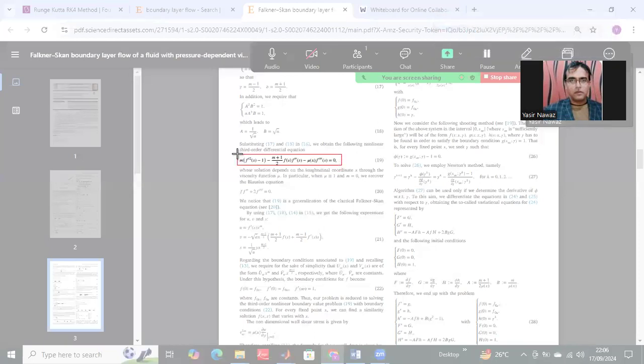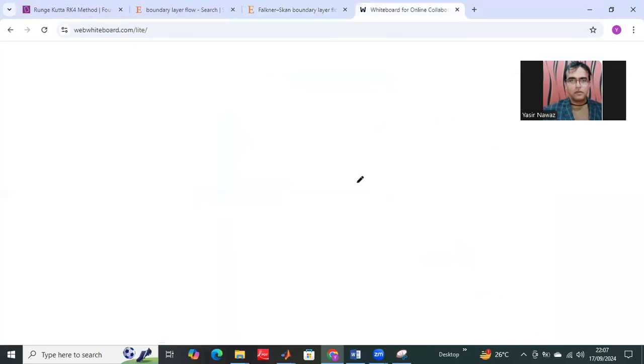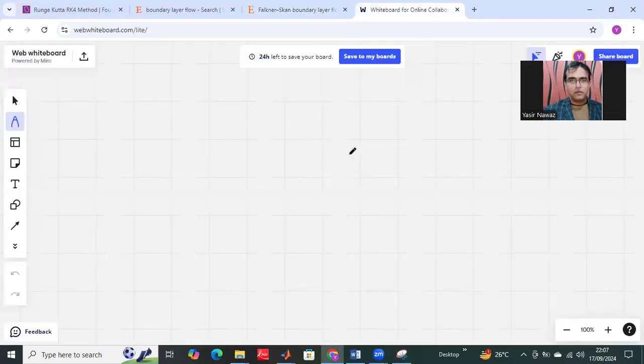So I will bring this equation into the whiteboard, because this equation should be written in the form of a first order differential equation. I will convert the third order equation into a system of first order differential equations. So this is the equation.